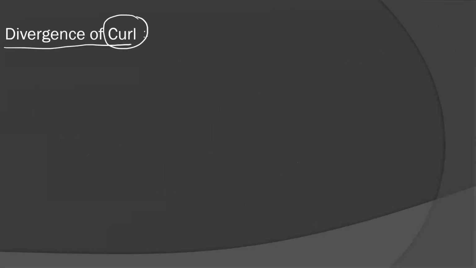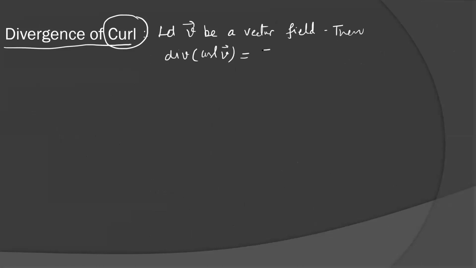Similarly, for curl you need a vector field. So let V be a vector field, then divergence of curl V, where divergence is the dot product of the del operator and curl means cross product with V, is equal to 0. Let's see the proof.